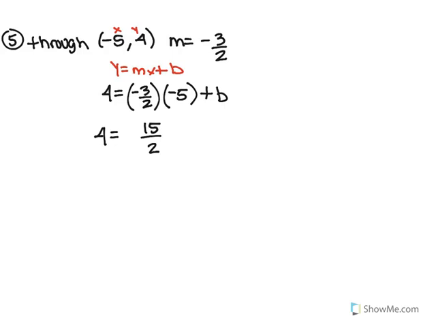I would type in -3 ABC 2 times -5. And when you hit equals, if it gives you 7 1/2, which is a mix, you need to hit second ABC to tell the calculator, flip it. And it will flip it to an improper. Does that make sense?